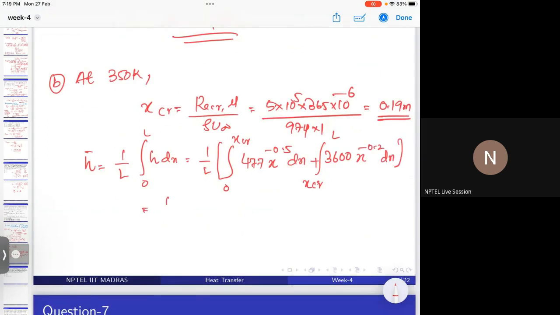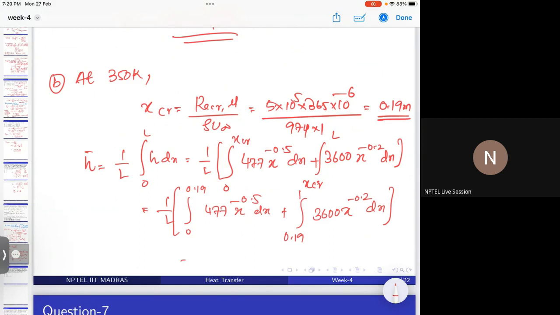If you write it, this is 1 by L integral 0 to 0.19 of 477 x raised to minus 0.5 dx plus integral 0.19 to L of 3600 x raised to minus 0.2 dx. If you calculate this, you will get around 3710 watt per meter square Kelvin. So the same procedure, only at two different temperatures. That's the only difference.